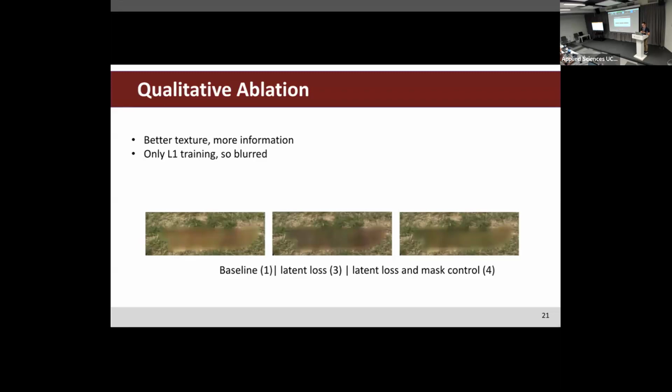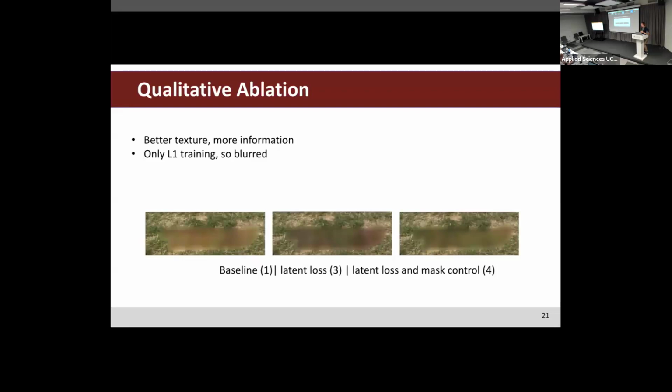We visualize them, but in this setup we use only L1 training, and this means we would obviously get blurry results, but in the other experiments we had these losses to achieve more distinctive results.